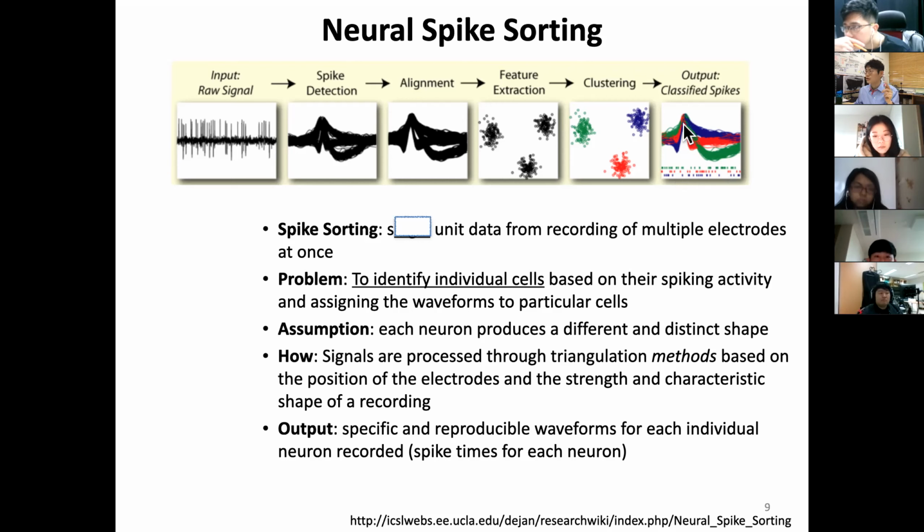And simultaneously, you can find the red one from here, and then you can plot it. This is like a spike raster plot. The x-axis is time, and this quantitatively shows at what space and time a single unit is making a spike or action potential.